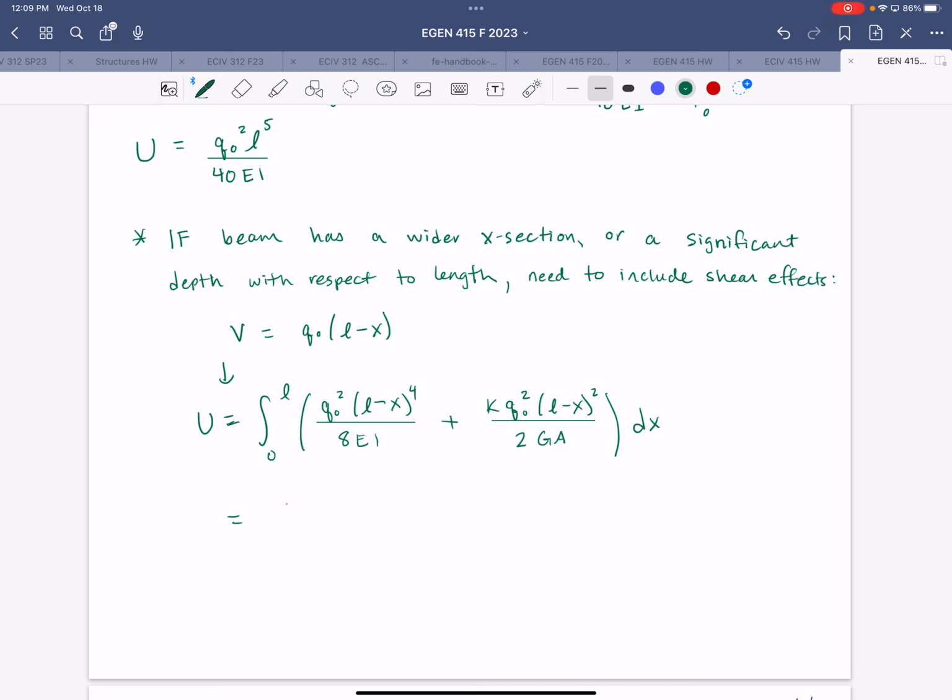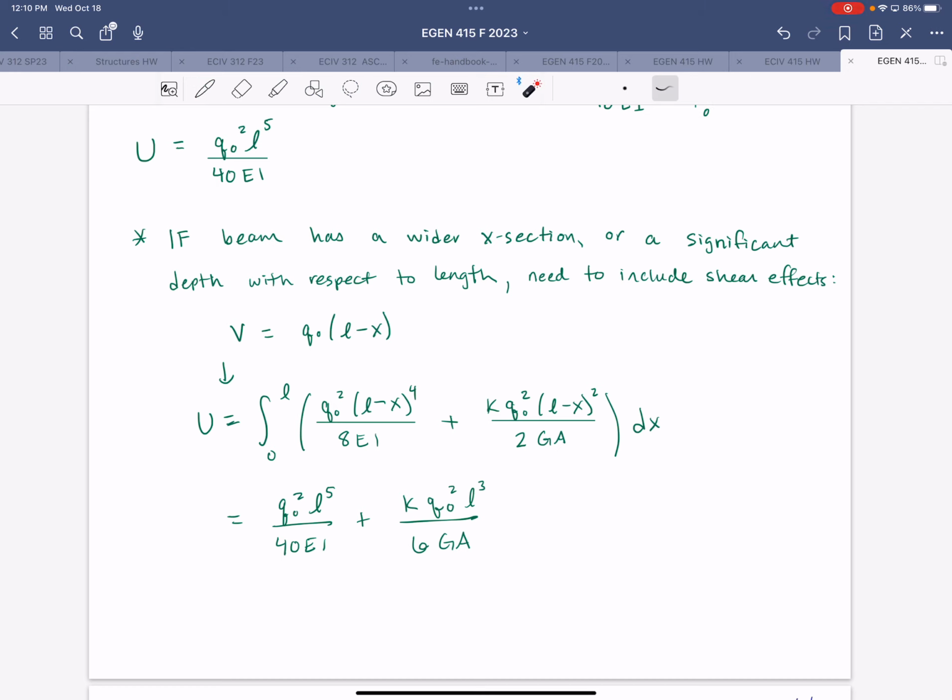And so evaluating that integral, we would get Q naught squared times L to the 5th over 40 EI as before, but now plus shear shape factor times Q naught squared L cubed over 6GA.